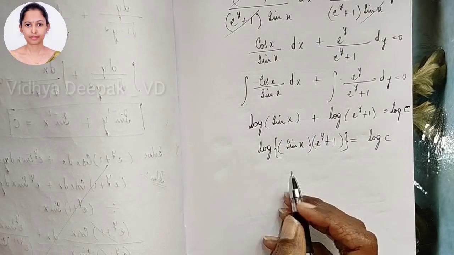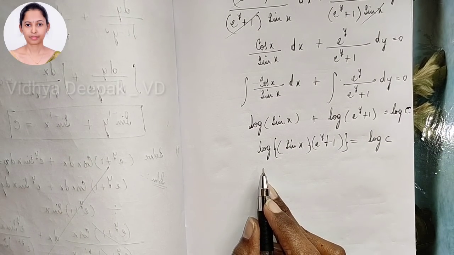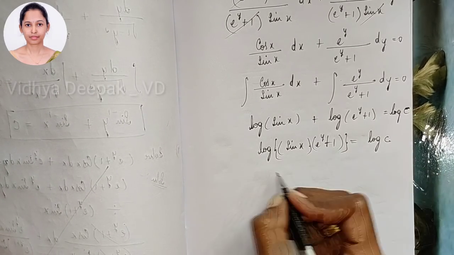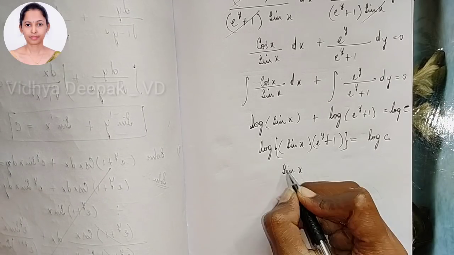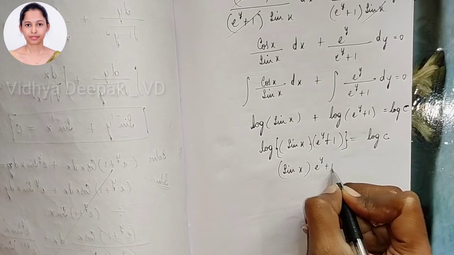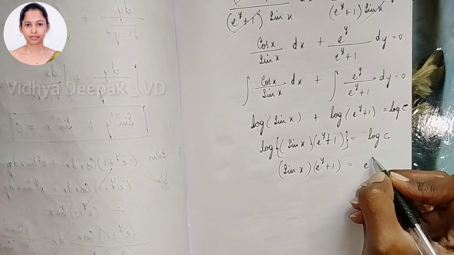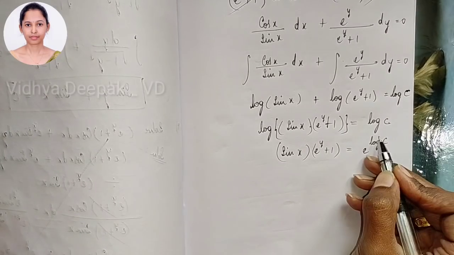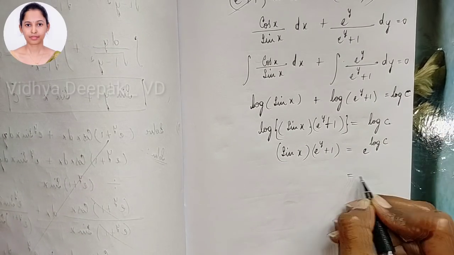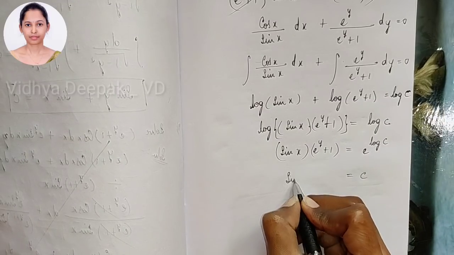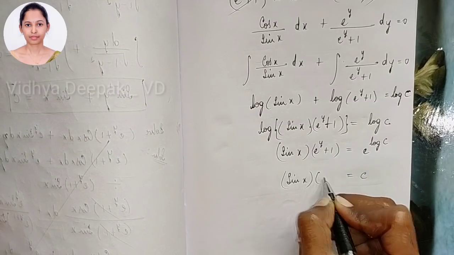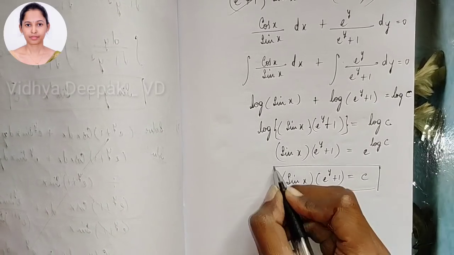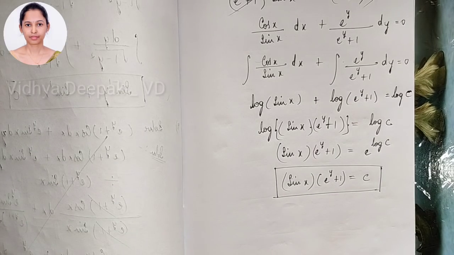Here if I apply the log definition, what do you have? e to the power of this is equal to m, right? So sin x into e power y plus 1 is equal to e to the power of log c. Since this is an integration constant value, I can replace this with another constant value c. So I will have sin x into e to the power of y plus 1 is equal to c, which is our required solution.